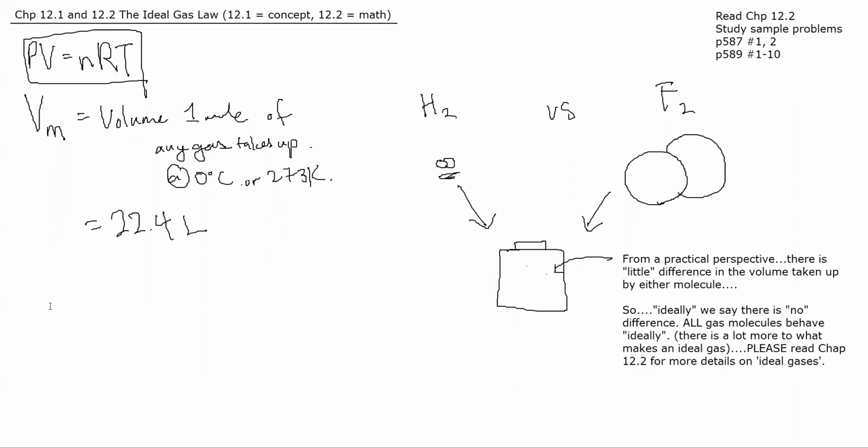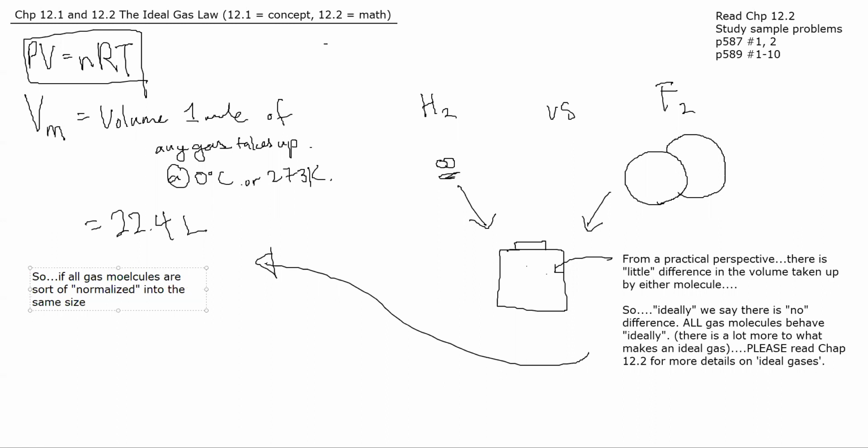So, if all gases or all gas molecules are normalized into the same size and behavior, then the relationship of P, V, and T for 1 mole of a gas molecule should all be the same.